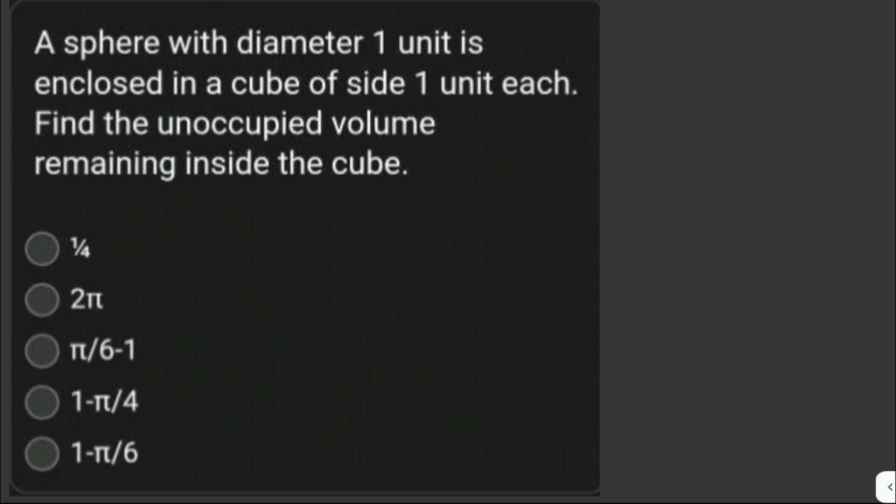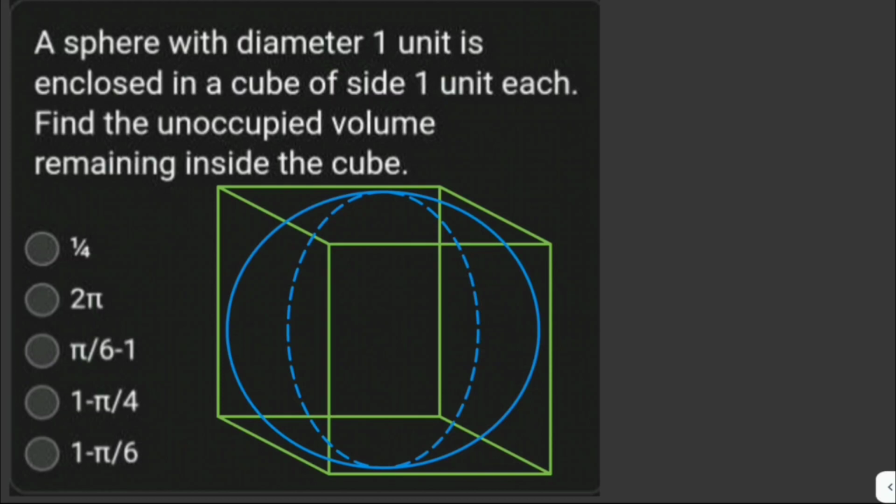So let's draw this first. So this is our drawing here. We have a cube and a sphere. So our sphere here is enclosed in this cube, which has a side that is equal to 1 unit.